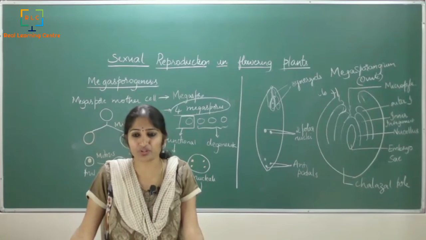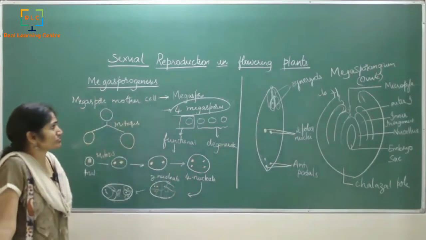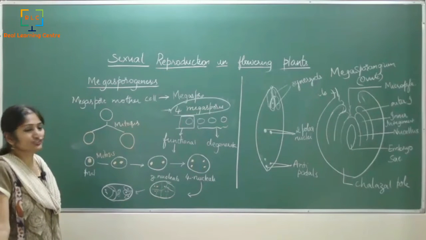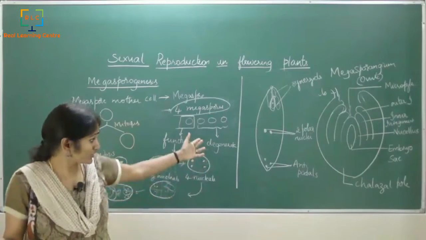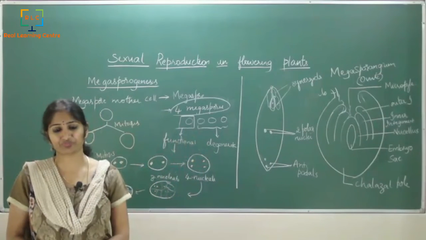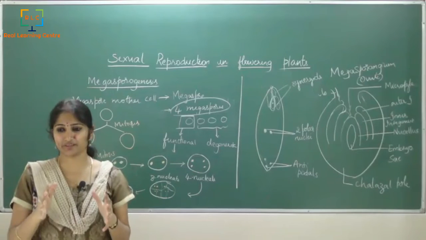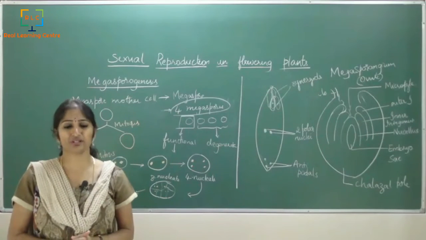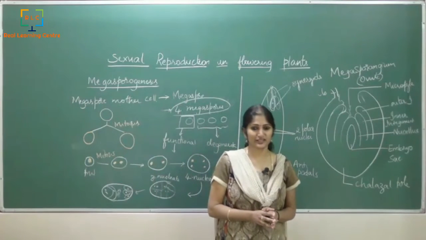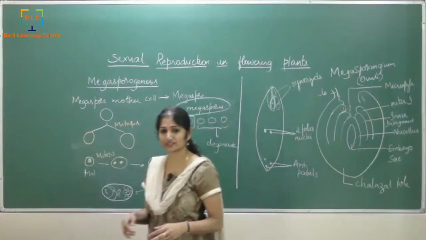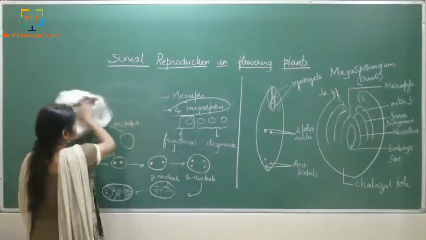The next important aspect of the whole of sexual reproduction in flowering plants is the movement of the pollen grain towards this female gametophyte, and that process happens by a mechanism which is characteristic of flowering plants. That process is what we call pollination. So over to understanding what pollination is now.